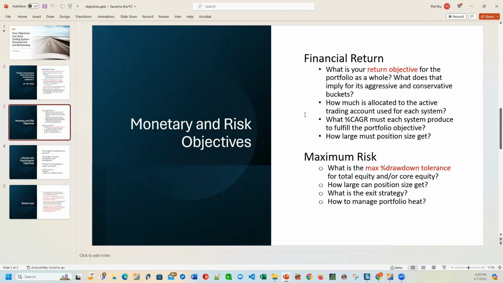You can distinguish between total equity, your paper gains, and your core equity, how much you put in, below which you would actually be losing money that you had before you started. So that's going to determine how large your position size can get, what your exit strategy is, and how to manage portfolio heat. That is, how many positions do you have open, and what's the total risk for all of them. Let's go to the next slide.